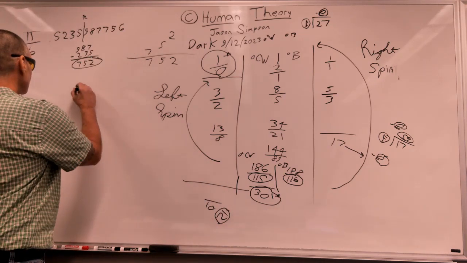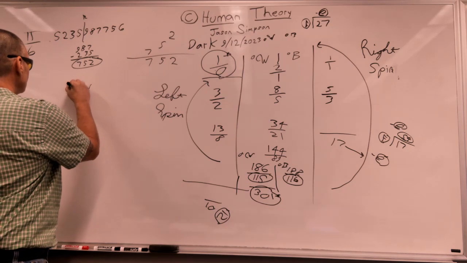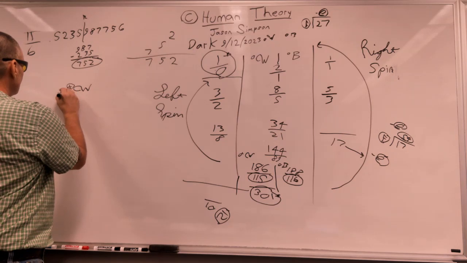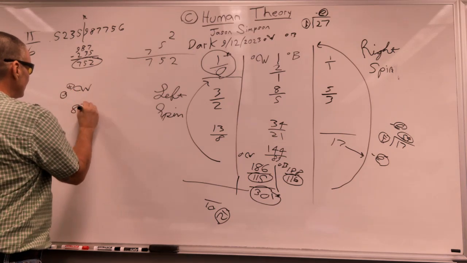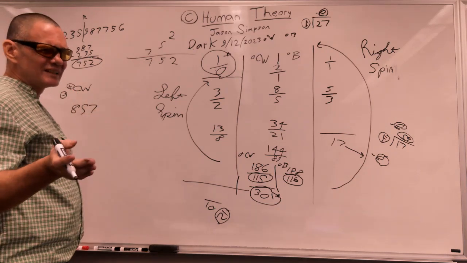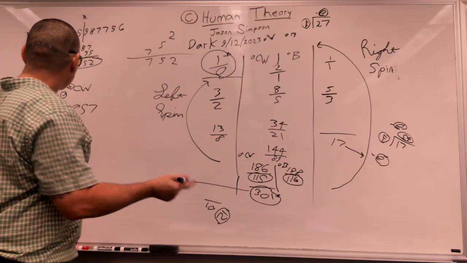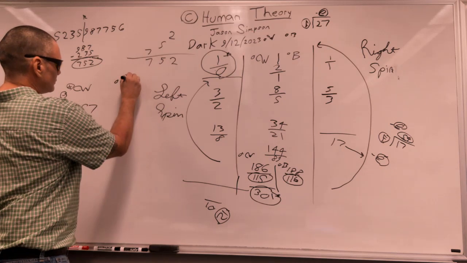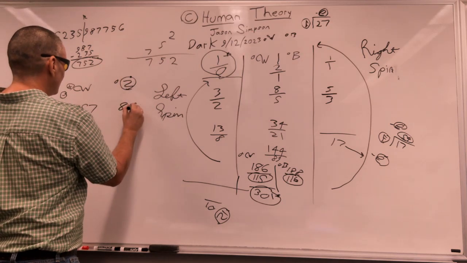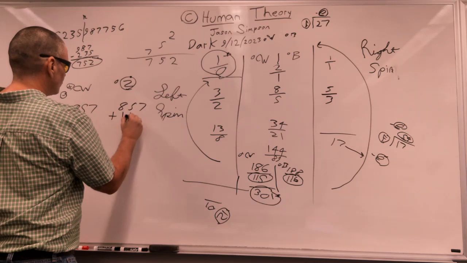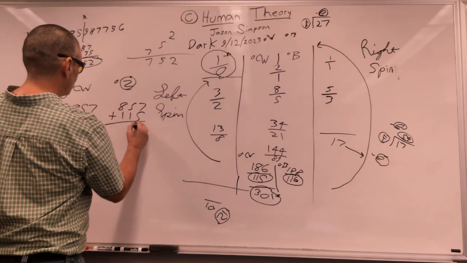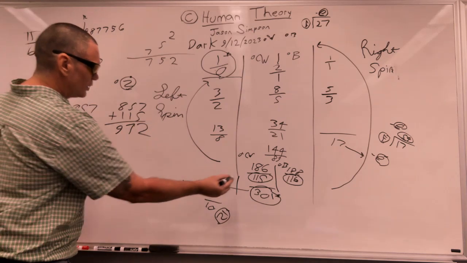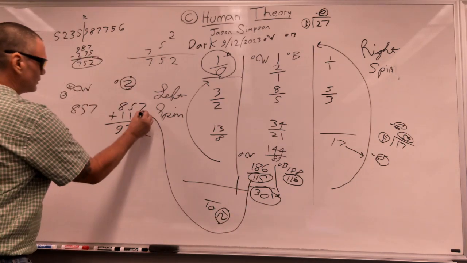You take a W boson, you got a minus and a plus W boson, which is 857 in multiples of proton. Then you take a Z boson, okay? 857 plus 115, and there's your Z boson. And here's the 115 right here.